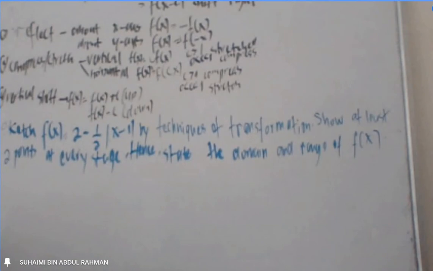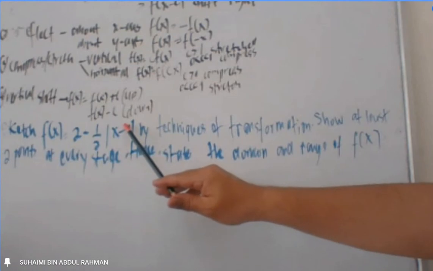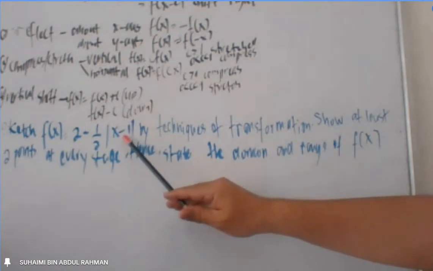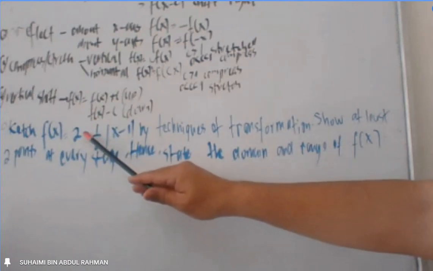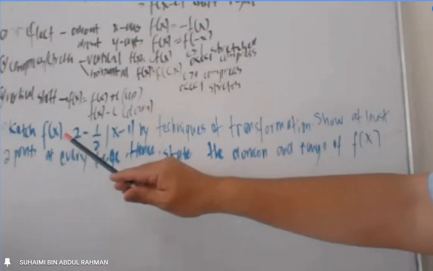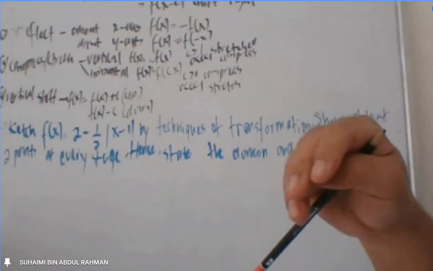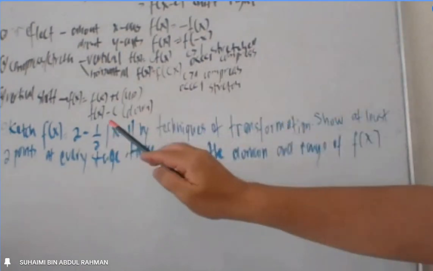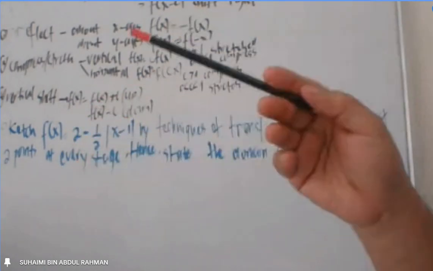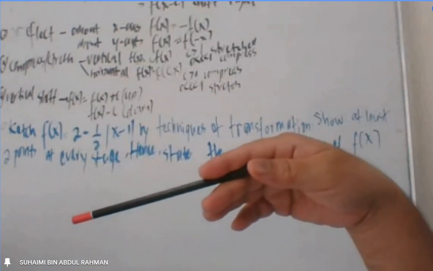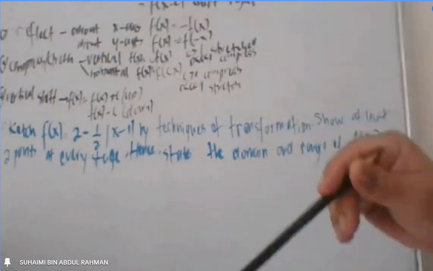If you look at this function that we want to sketch, it will involve one transformation, two, three, four steps of transformations. And when we look at this function, which function do we take as the basic function, the one that we start with before we go further?